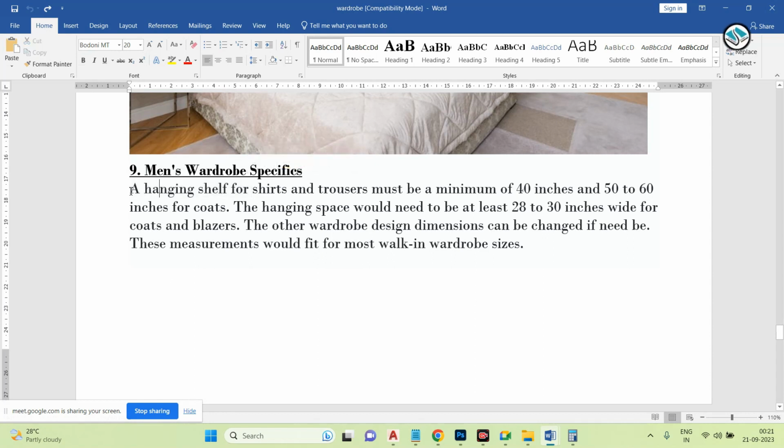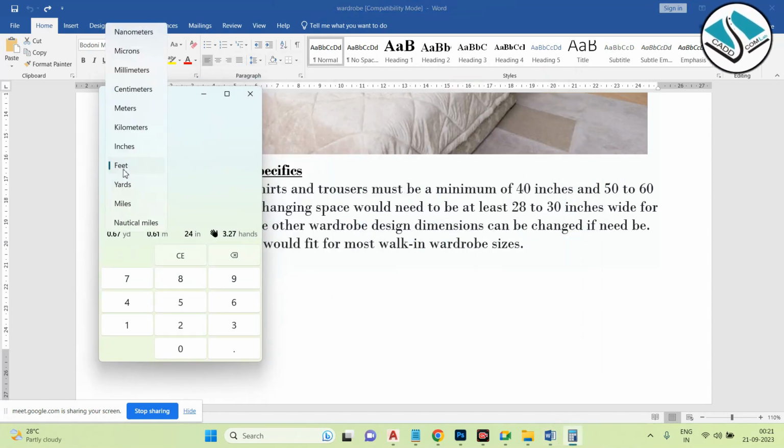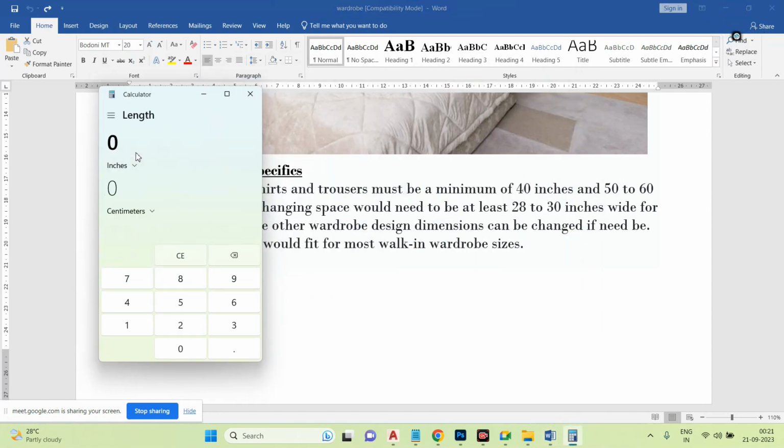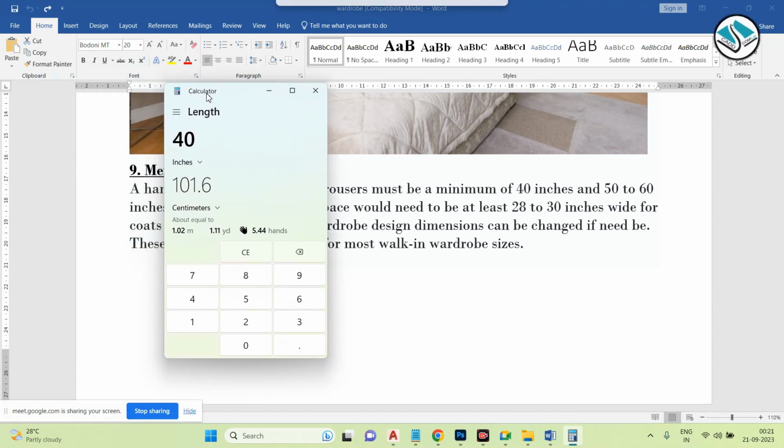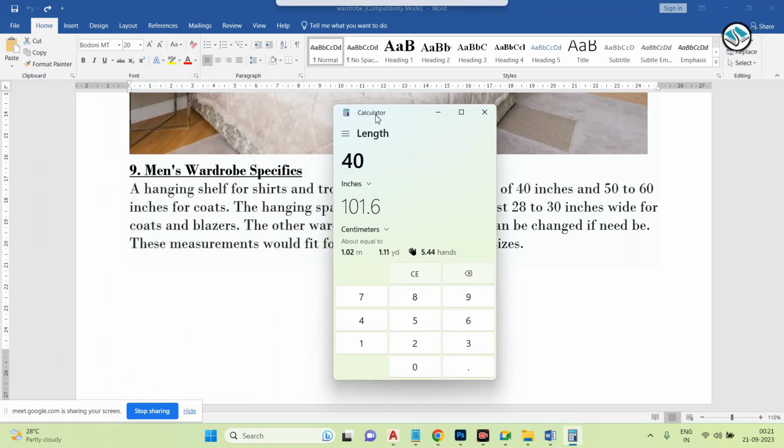A hanging shelf for shirts and trousers must be a minimum of 14 inches. 14 inches means 100 centimeter, for trousers and shirts. So both are 14 inches. You can increase it up to the last, which is 60 inches, like 150 centimeter.